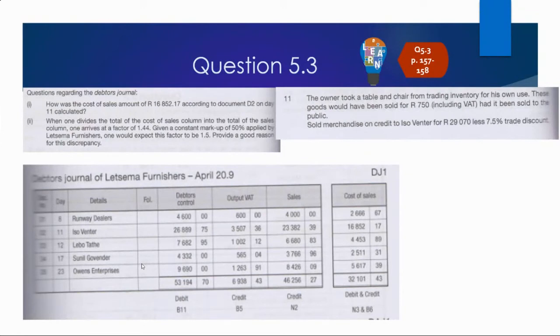Okay, so now the question is our cost of sales. How did they work out that amount? Who can tell me what is the calculation? It's similar to what we've discussed in class today when we looked at the example. What are the key things you need to look out for?